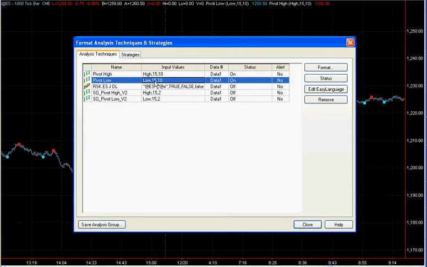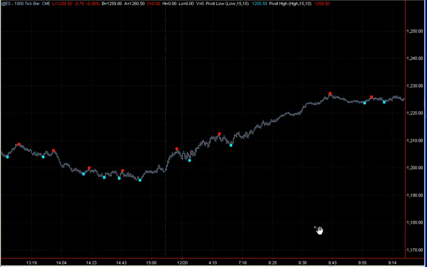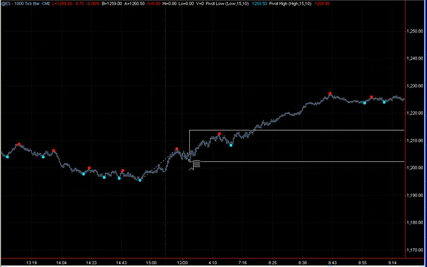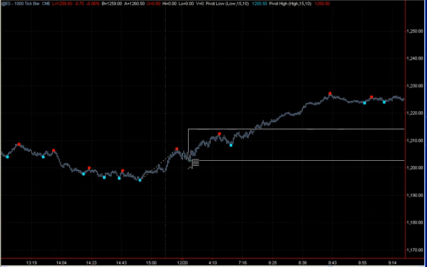Now, when drawing an extension, unlike retracements, extensions require 3 pivots: an A, a B, and a C. So for example, if we use this as point A, move up to a high pivot of point B, and a higher low pivot of C, we get an extension upward.